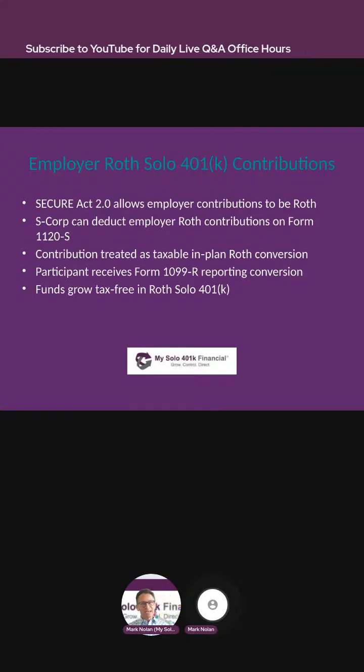So what does this mean? This means the contribution is taxable on the taxpayer's, aka the participant's, personal tax return. And a Form 1099-R must be issued to report that taxable in-plan conversion of those employer Roth solo 401k contributions.